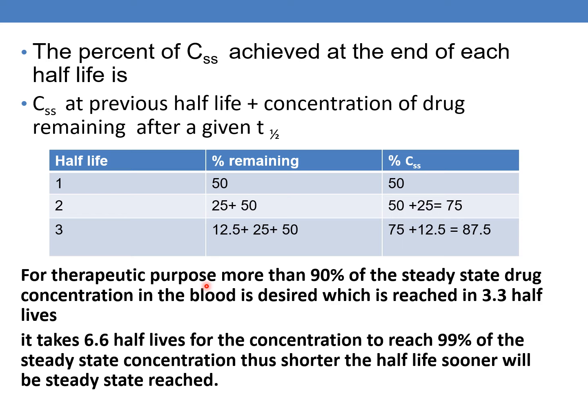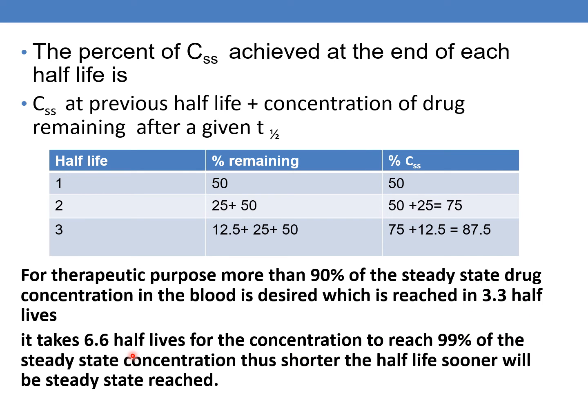And for therapeutic purposes, more than 90% of the steady state drug concentration in the blood is desired, which is reached in 3.5 half-lives. So in order to reach more than 90% of the steady state, we require 3.5 half-lives of a drug.